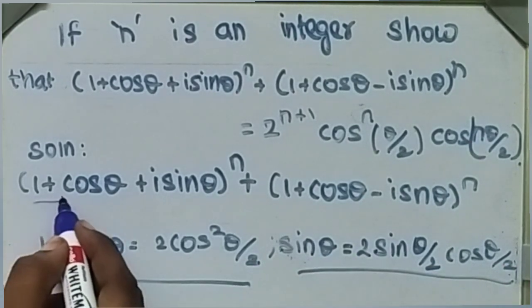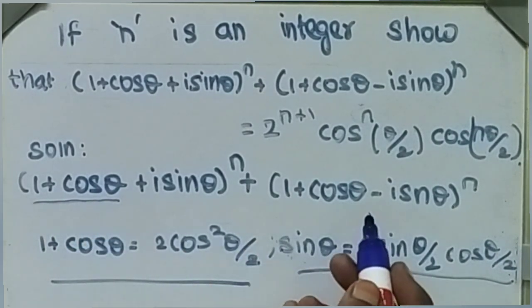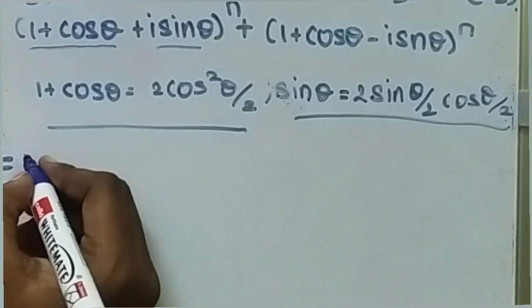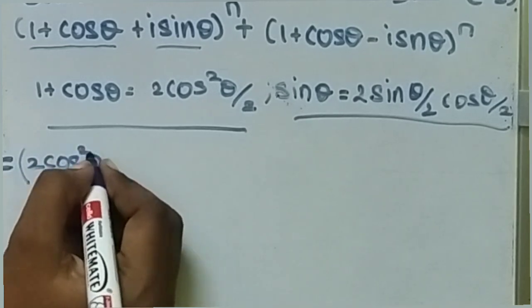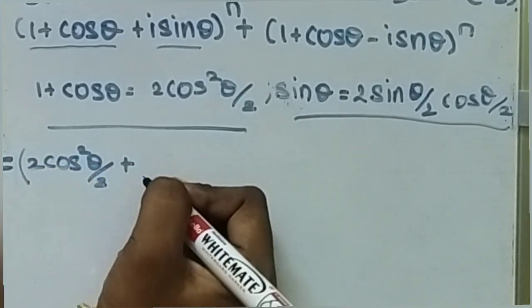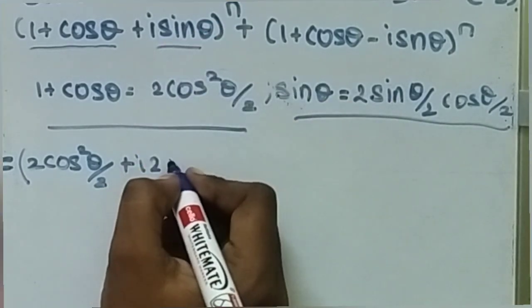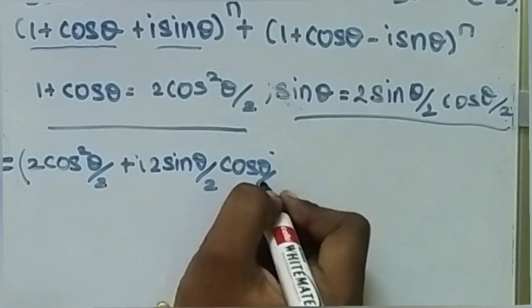In place of 1 plus cos theta, we are going to substitute 2 cos square theta by 2. In place of sin theta, we are going to substitute 2 sin theta by 2 cos theta by 2. Shall we? Yes. Okay, equals 1 plus cos theta written according to this formula as 2 cos square theta by 2 plus i sin theta equals 2 sin theta by 2 multiplied by cos theta by 2.